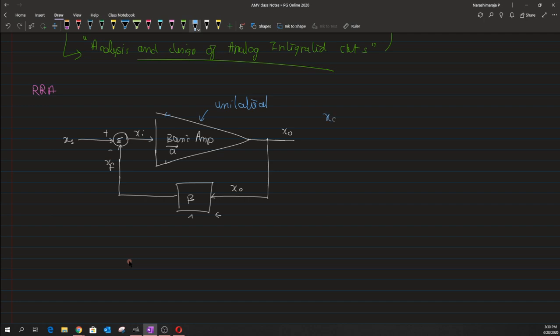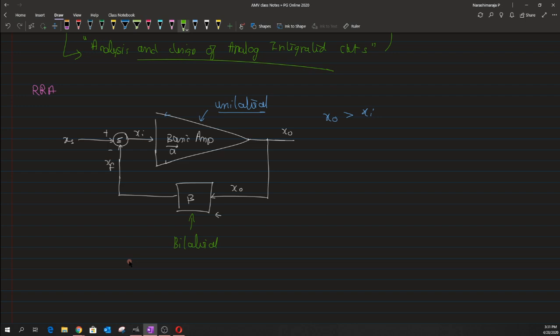The assumption is that the value of the signal x naught is always much larger than the value of xi, due to which we can approximate the basic amplifier as having a unilateral signal flow. Whereas the beta network, which is constructed using passive circuits, we can consider to be a bilateral circuit. So in this whole analysis, we will consider it as a bilateral circuit.